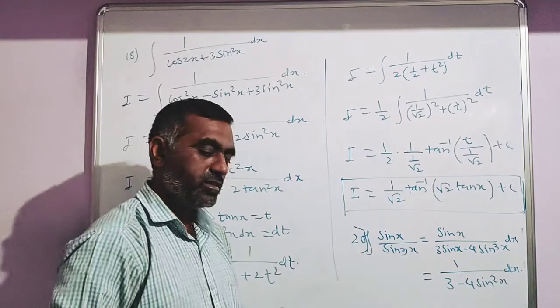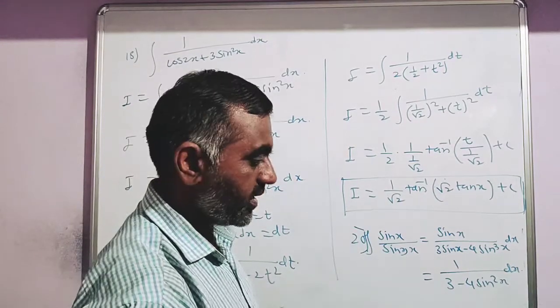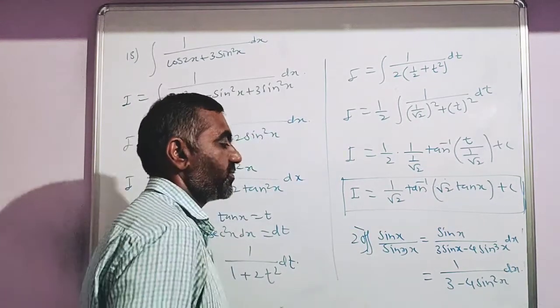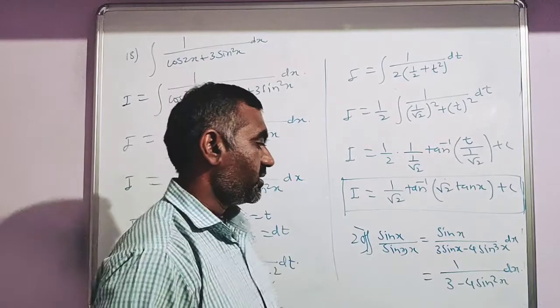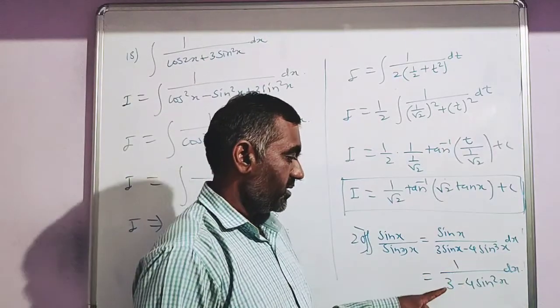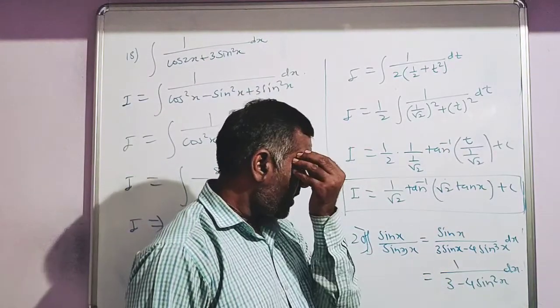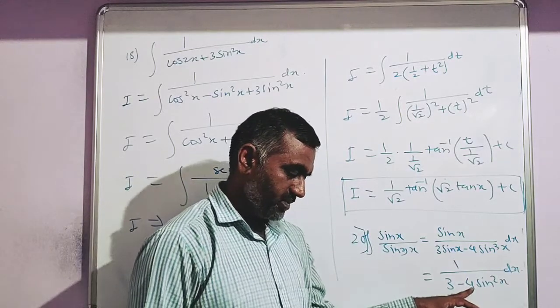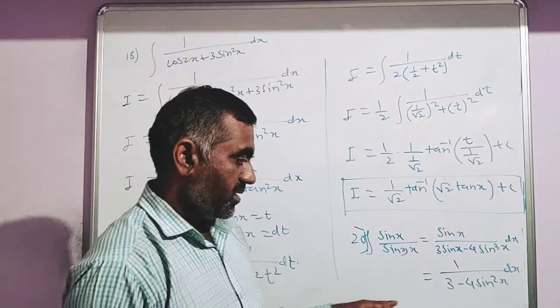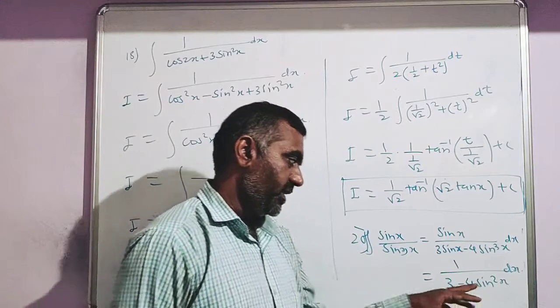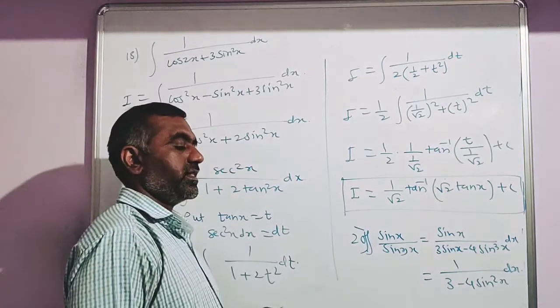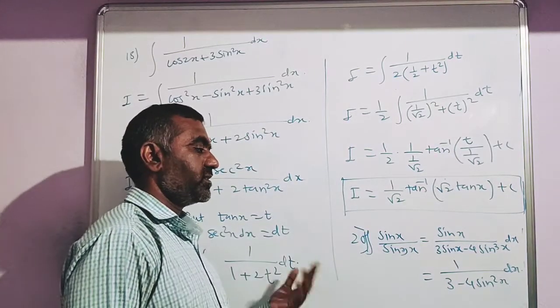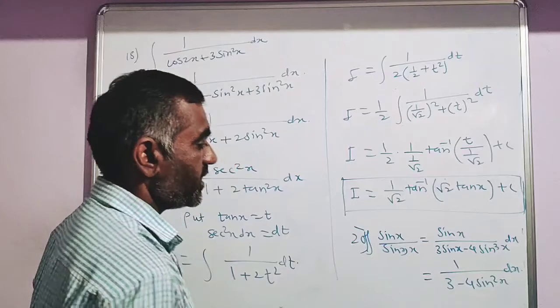Again, dividing throughout by cos square x, we have the answer. Means काय होणार इथं परत 1 sec square minus 4 tan square, and sec square is nothing but 1 plus tan square minus 4 tan square, 3 tan square. आंसर काय येईल 3 plus 3 tan square x आणि sec square x वरती आहे. Put tan x is equal to t, sec square x dx is equal to dt.